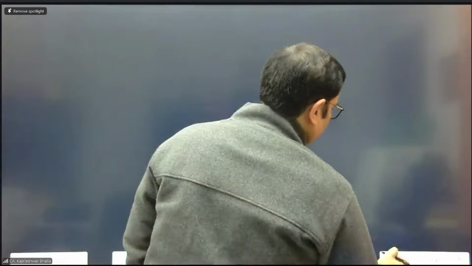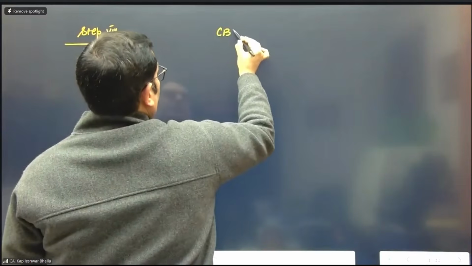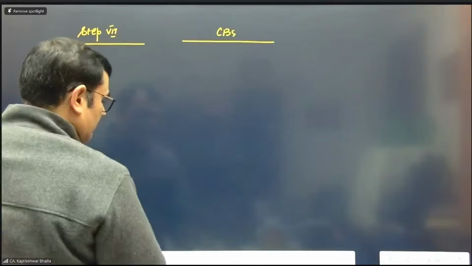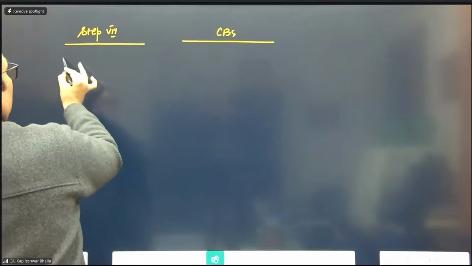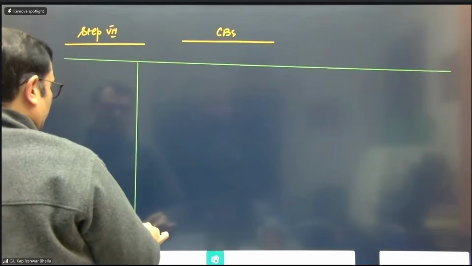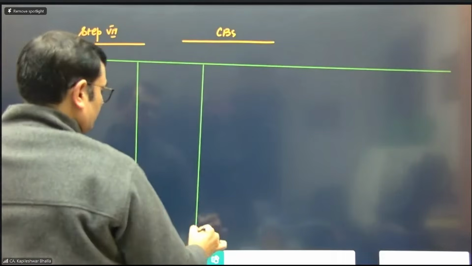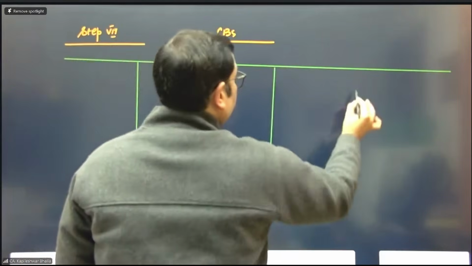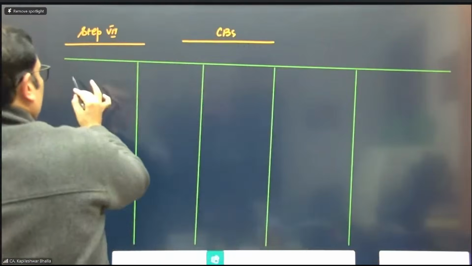Now, finally, we go to step number 7, which is making a consolidated balance sheet. Since no notes to accounts are required, I think columnar calculations would be great. Holding, subsidiary, adjustments, and total.